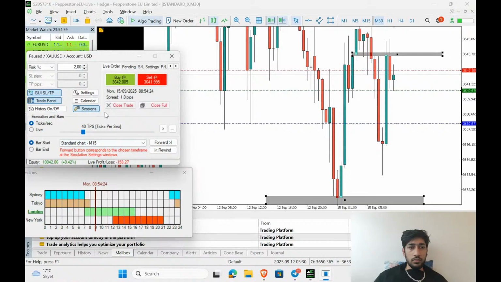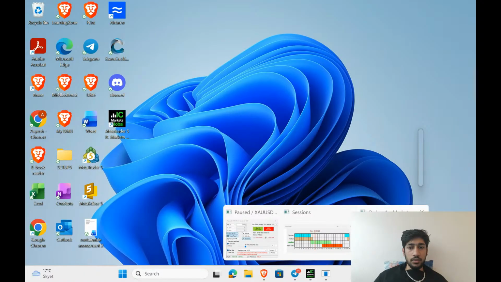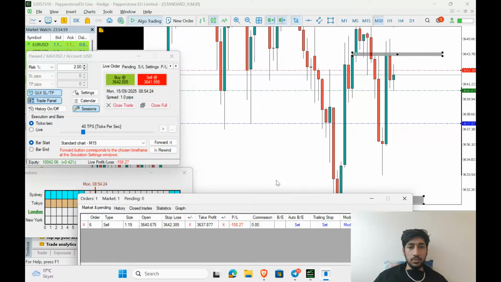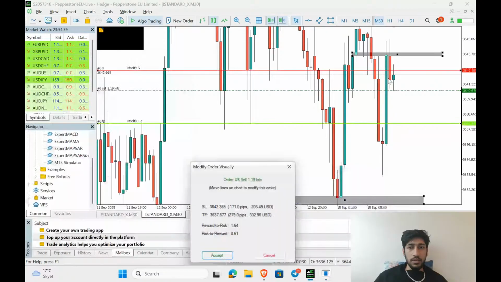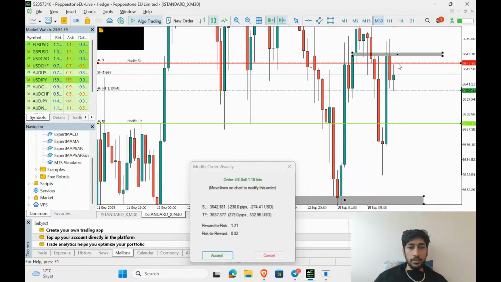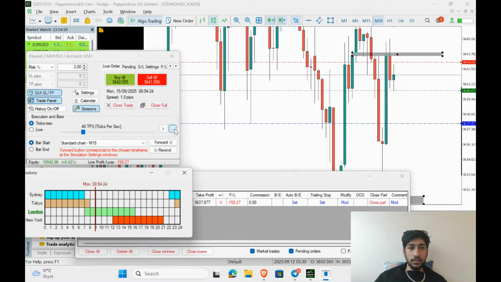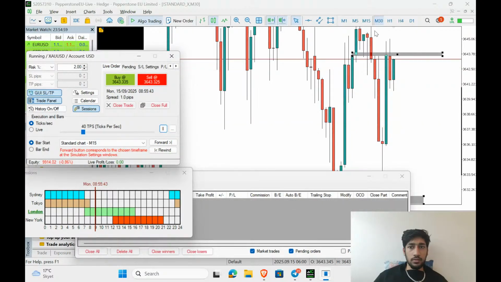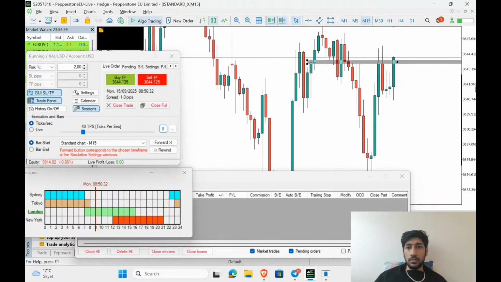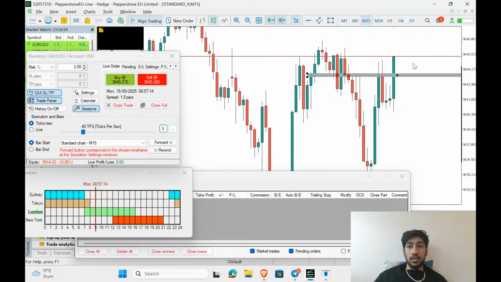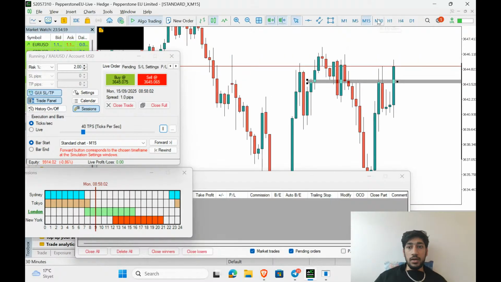I think we got a little bit of a panel. Modify SL above this high. Yeah, that would be okay, I think. And we got our SL.